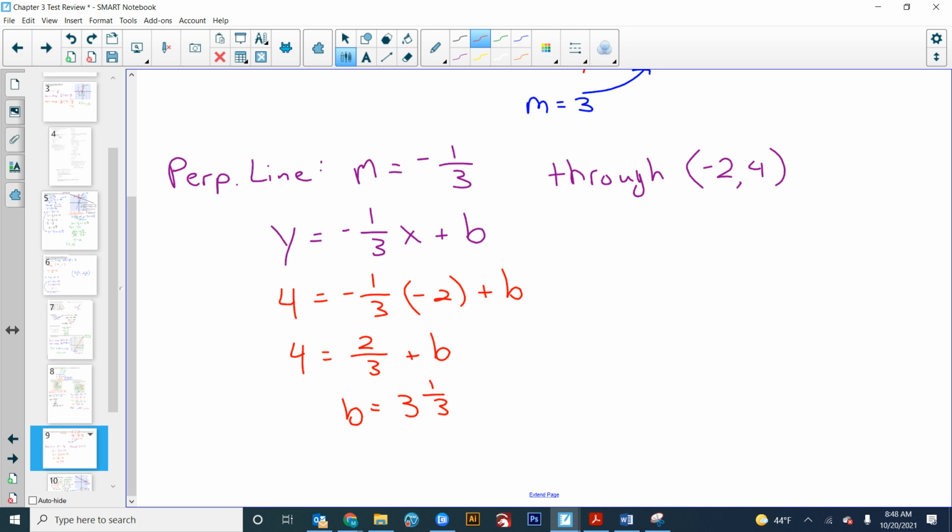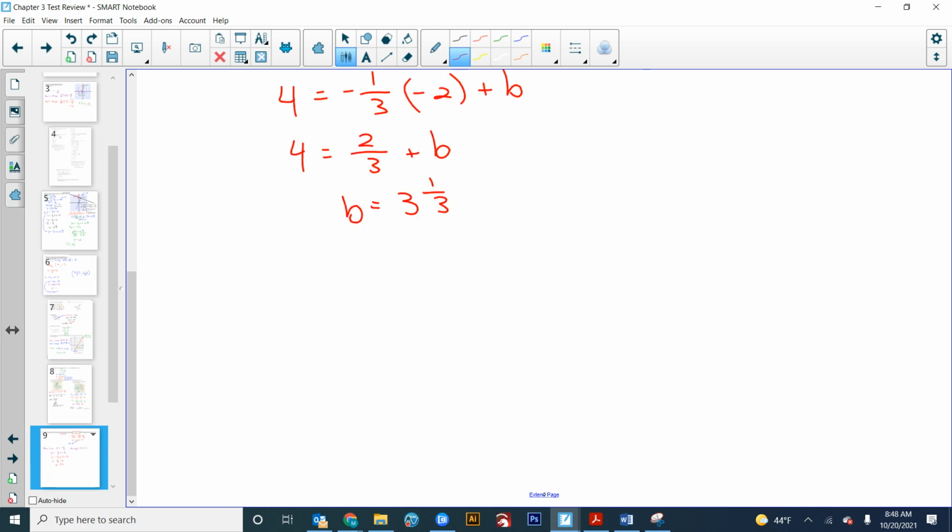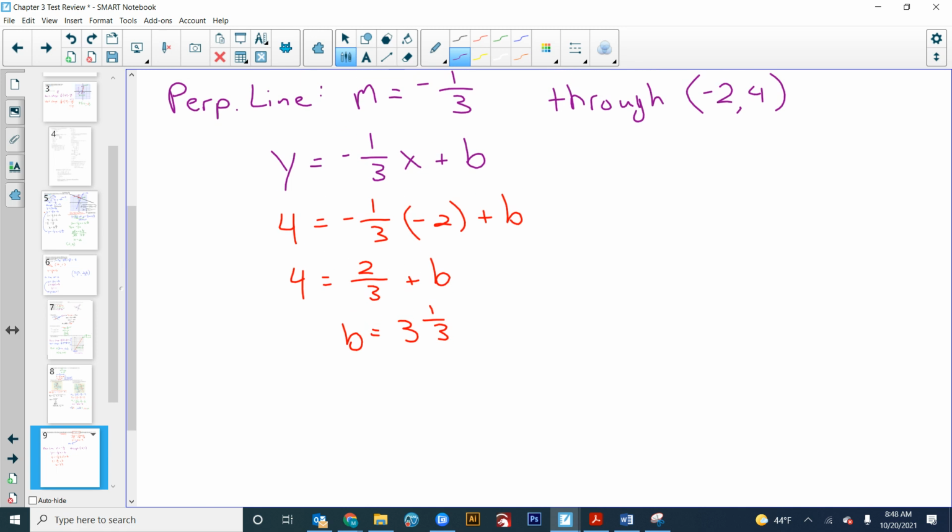3 1/3, 3.3 repeating, 10/3, however you would have written that. That's fine. So now we have the y-intercept. We have b. So now we write our specific equation, y equals negative 1/3 x plus 3 1/3.